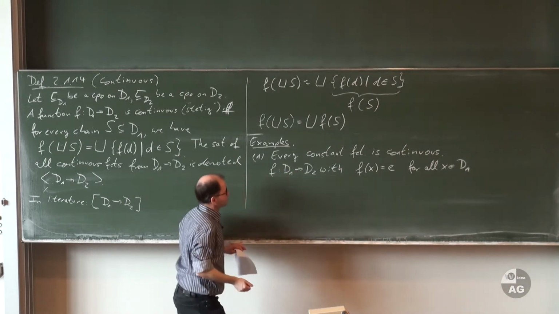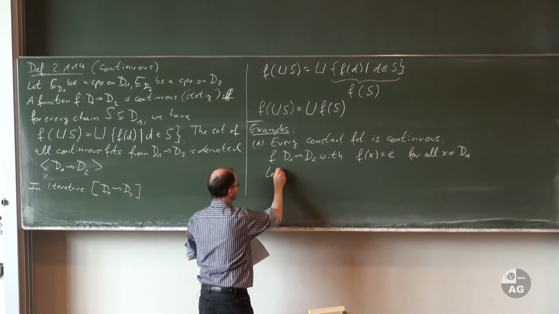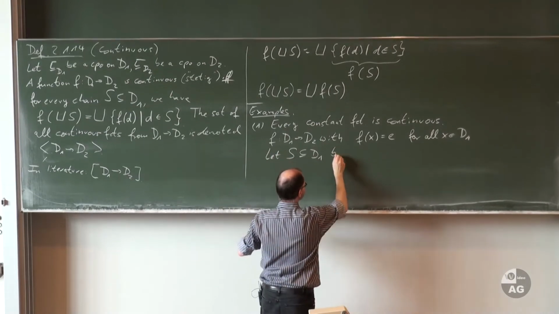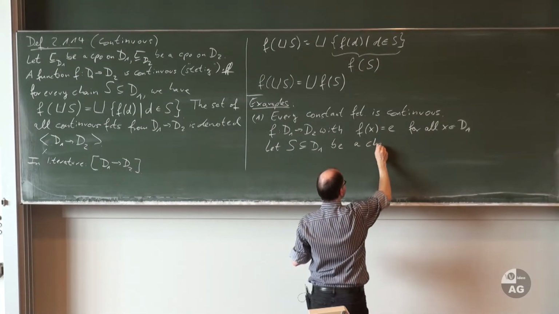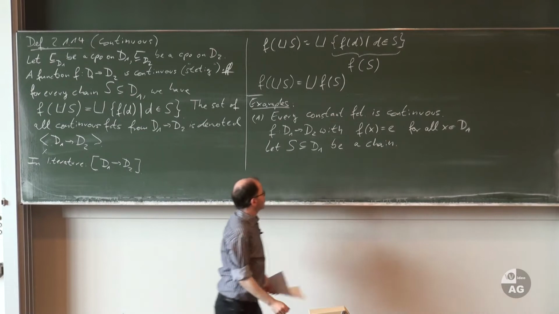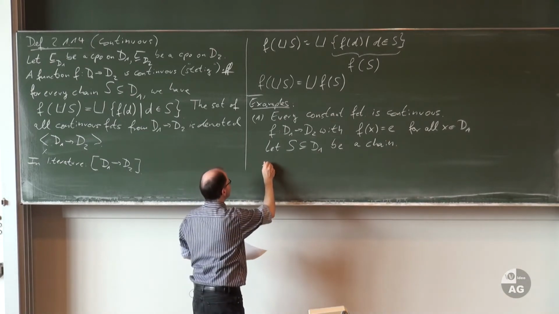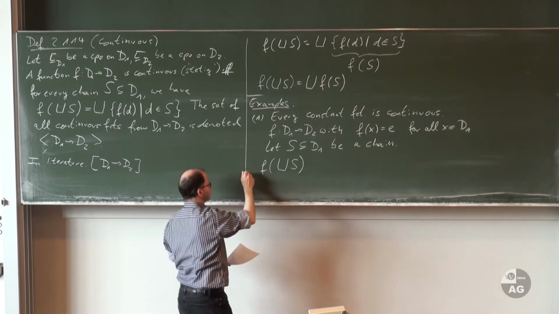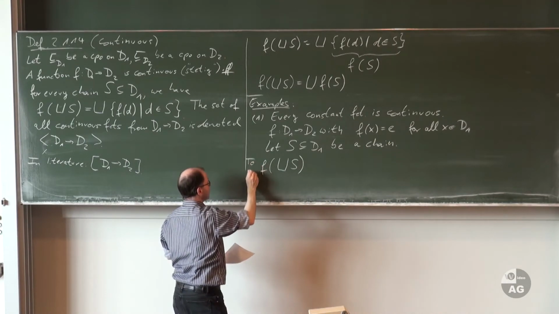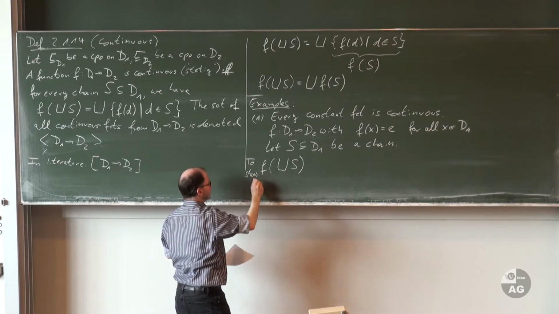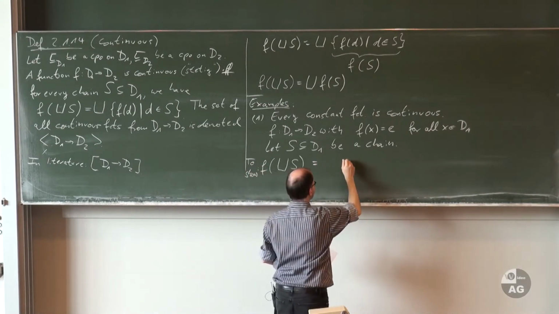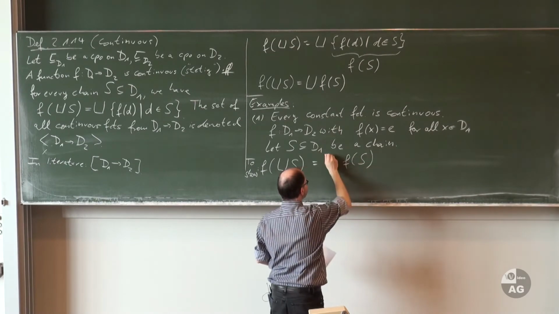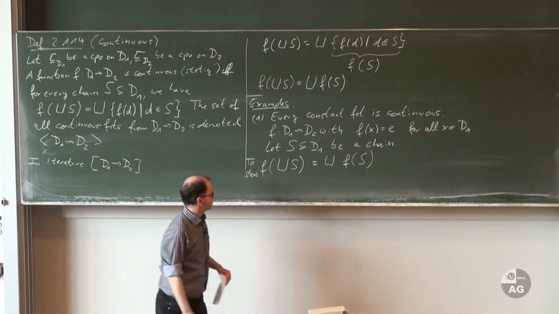Now, why is this function continuous? Let S be a chain from d1. We have to prove that if I apply f to the least upper bound of S, this is the same as applying f to every element in S and building the least upper bound afterwards.